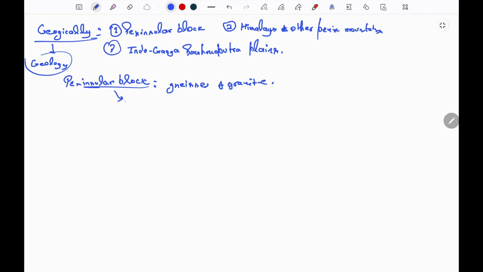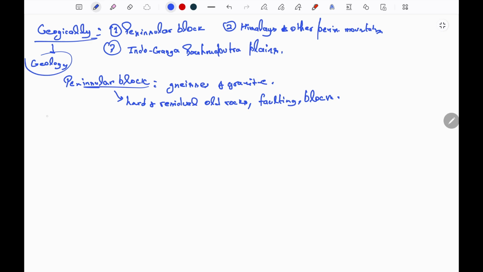And it basically features hard and residual old rocks like Aravali, Nallamala Hills, Javadi Hills, Velikonda Hills, and it is basically formed due to faulting of rocks.